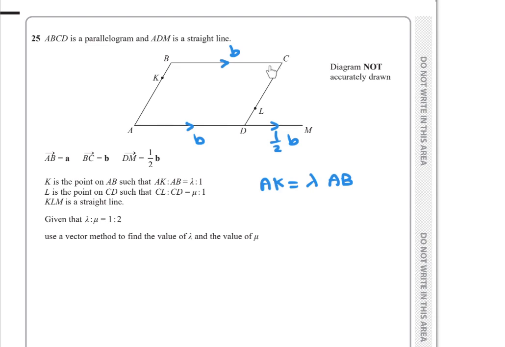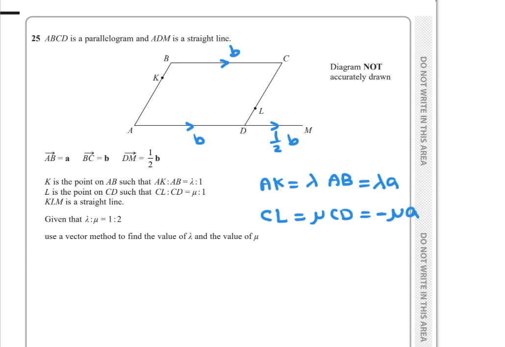So this means CL equals mu times CD. But we know that AB equals a, so AK can be written as lambda a. And the same, CD equals negative a, so CL will be mu times negative a, so negative mu a.